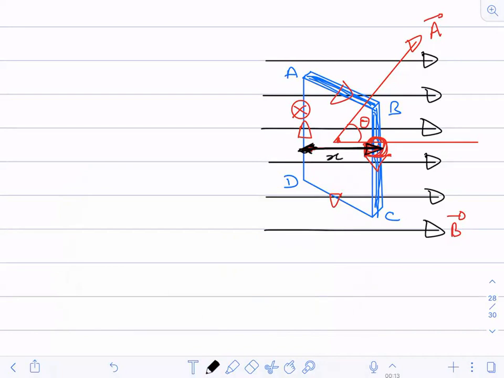How will I calculate that x now? Just see here, I'm trying to make a different figure so that you can understand in a better way.